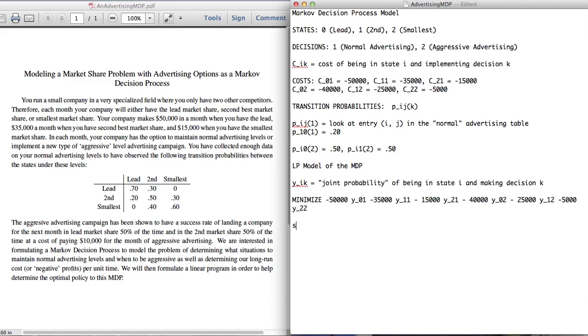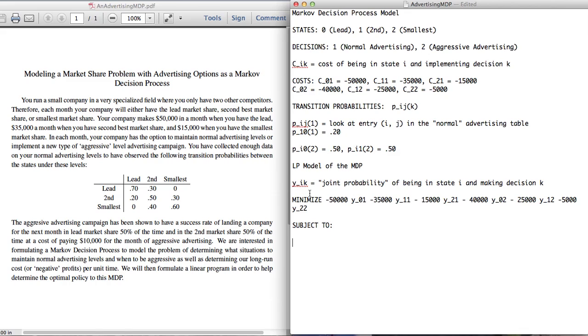Now we have to look at what constraints we're subject to. There are a couple of sets of constraints relevant. Essentially we're modifying the steady state probability constraints. We're going to have one constraint for each state, and we also have the fact that if I sum up all the steady state probabilities, they have to be equal to 1.